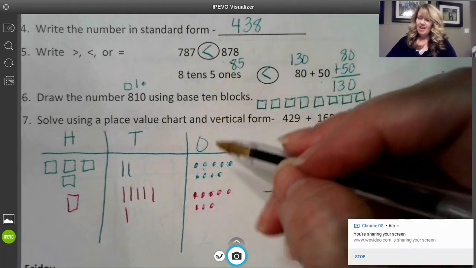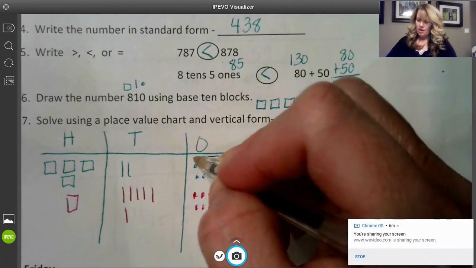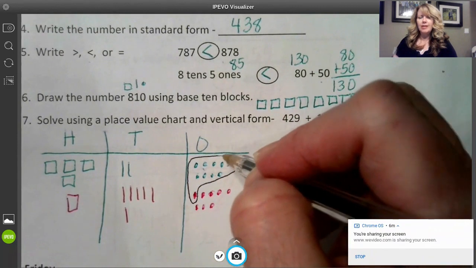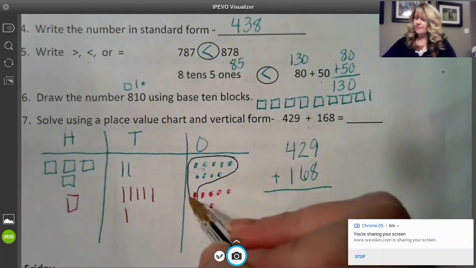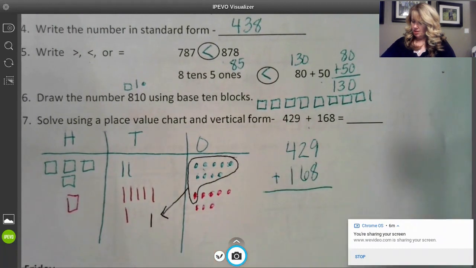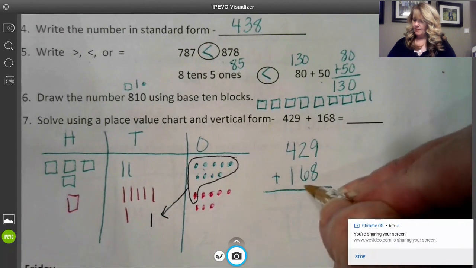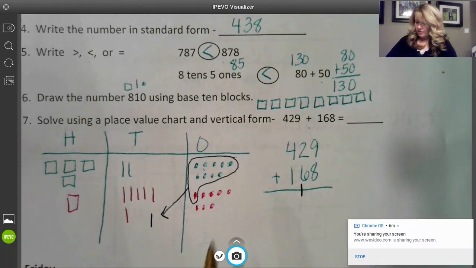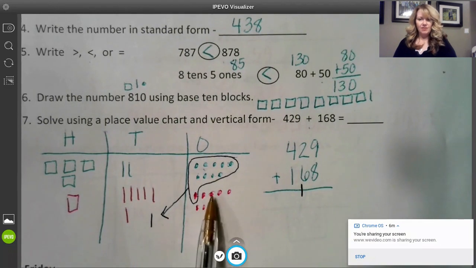Well, we have 9 ones right here. So I need to bundle those. How much do I need to add to that 9? I just need 1 more, right? So if I circle these and one of those, there I have a 10. And I'm going to draw an arrow over here, and there's my stick of 10.